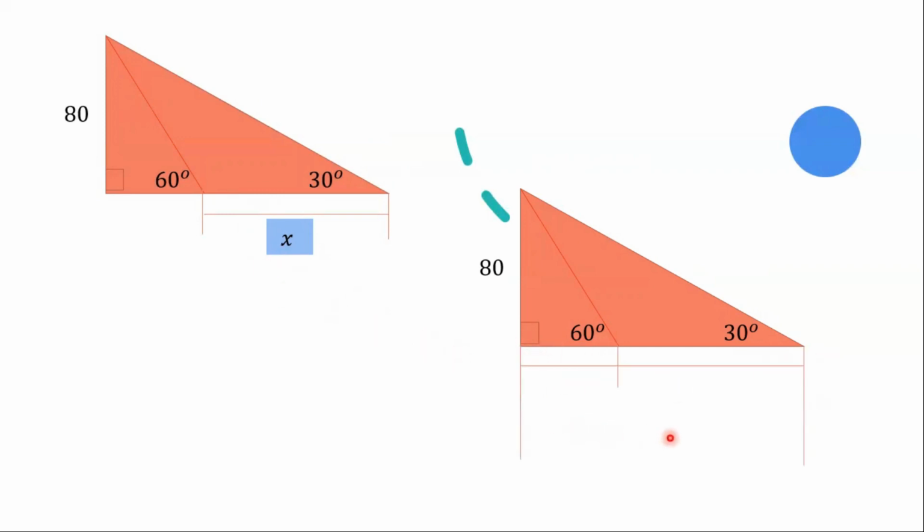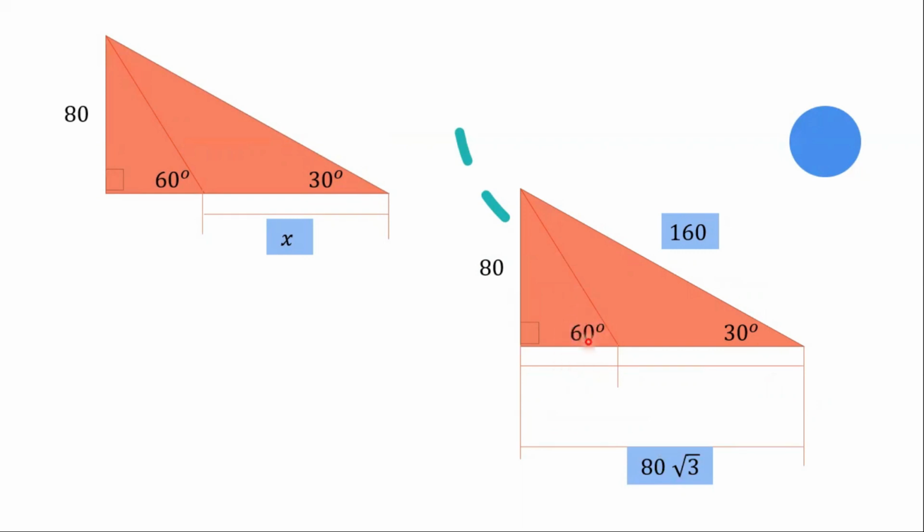First, we get the hypotenuse by multiplying the side opposite the 30-degree angle by 2. So we get 160. To get the length of this side, we multiply 80 by square root of 3. Next, we solve for this side.